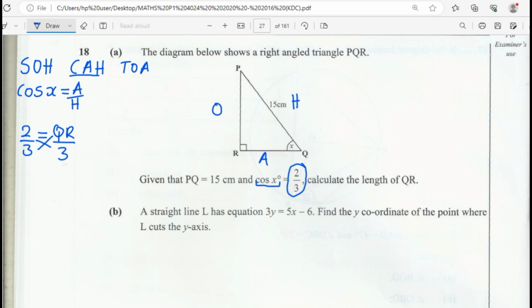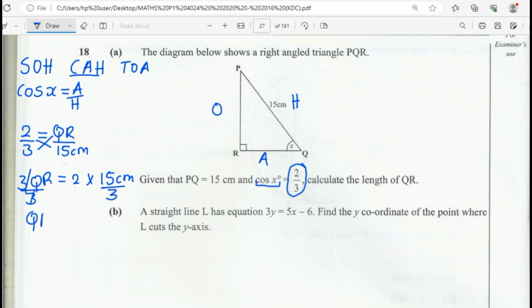So we have 3 times QR, this will be 3QR. I've made a mistake. This should be, the hypotenuse is 15. Okay, so 3QR, then 2 times 15, we can write it as 30, or if you want, we can just say 2 times 15 centimeters over 3.